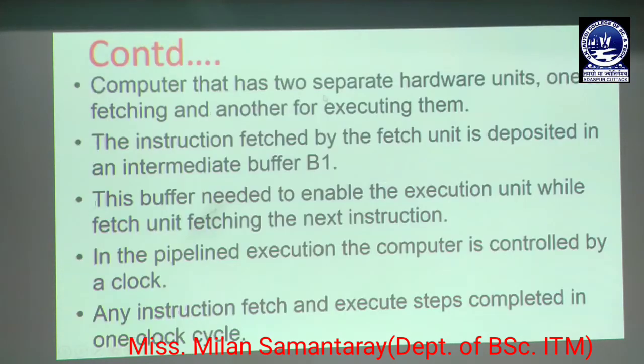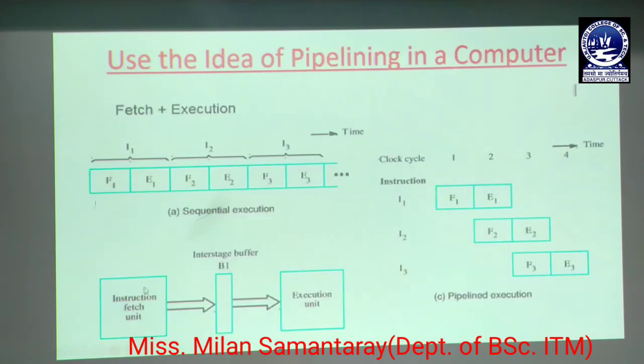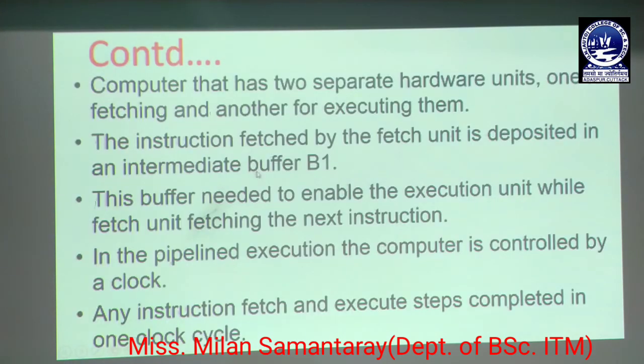Okay. Consider a computer that has two separate hardware units, one for fetching and another for executing. Here you can see one hardware unit is doing the fetching operation and another is doing the execution operation, and the instruction fetched by the fetch unit is deposited in an intermediate buffer, that is our B1. Okay.